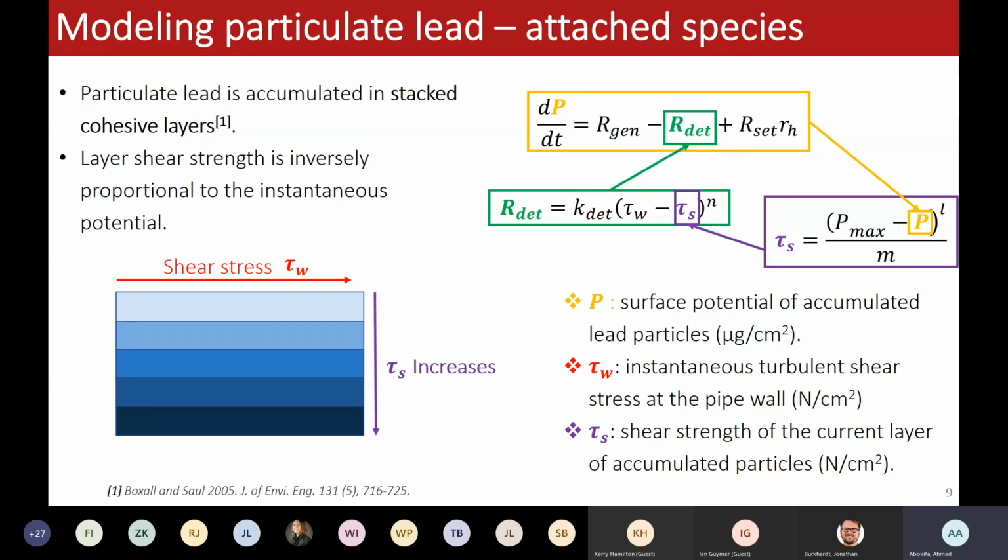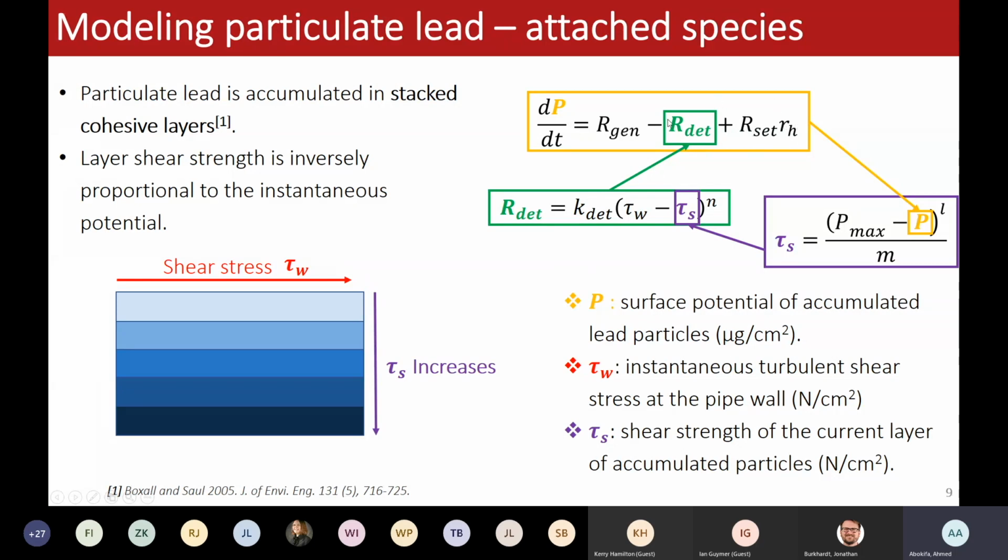But the idea was very nice because it modeled the attached phase as a potential of accumulated particles, and that's what we used in our model as well. So here we're keeping track of P, which is the potential of accumulated lead particles that could be released to the dissolved phase. This potential P increases by generation, decreases by detachment, and increases by settling.